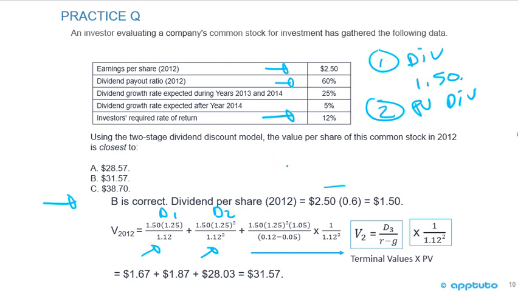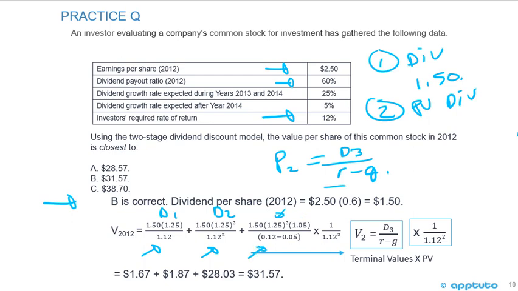And then what we need to do is we need to calculate the terminal value. So what we're going to do is calculate P2 equals D3 over R minus G. Okay, so for D3, we can see here's the calculation. It's the $1.50 times 1.25 times 1.25 for the 2 years, and then times 1.05.